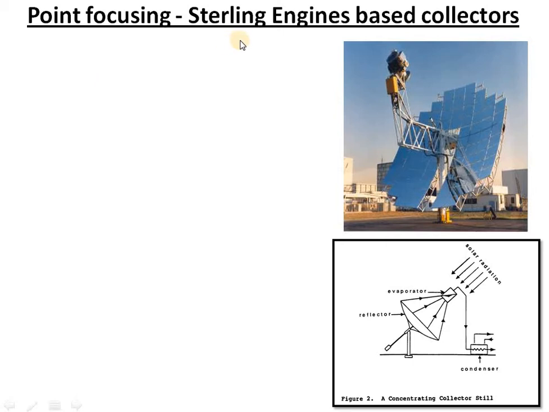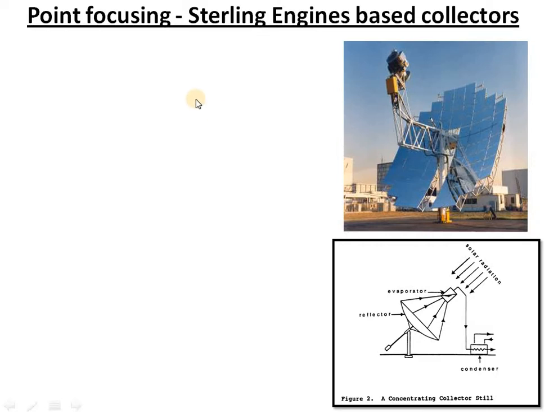Such systems are called Stirling engine based solar collectors. This is the engine actually. Reflecting surfaces you can see here. They reflect the light. And here in a Stirling engine essentially gas is used. Some gas is used, and gas is heated up. The hot gas, which is a high pressure gas, is used to run some generator.